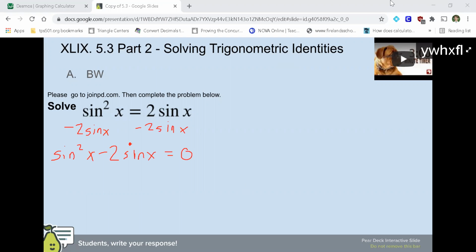All right, the next step is to notice that both of these terms have a sine of x. They have a common factor. So if you factor that out, you'll have sine of x times sine of x minus 2.